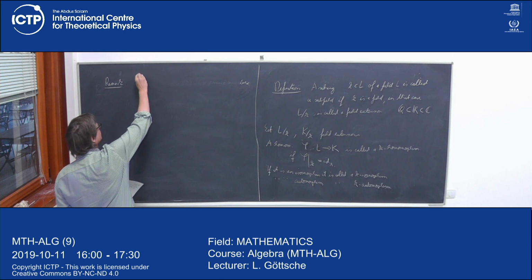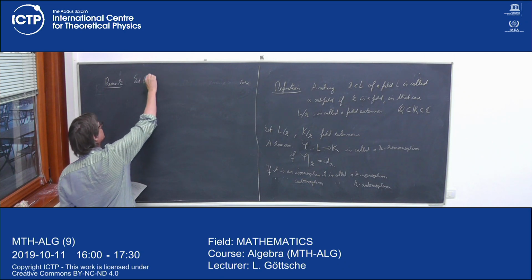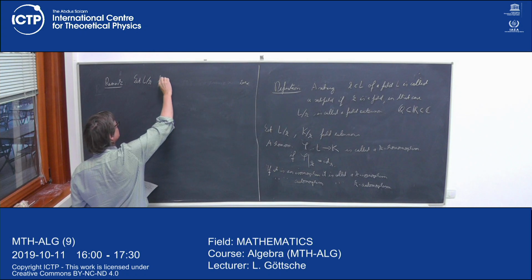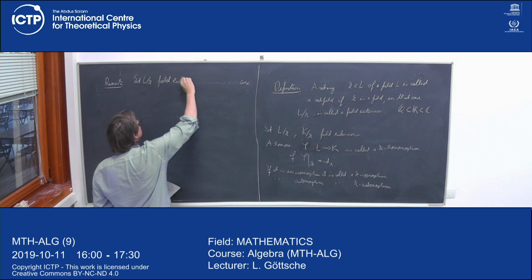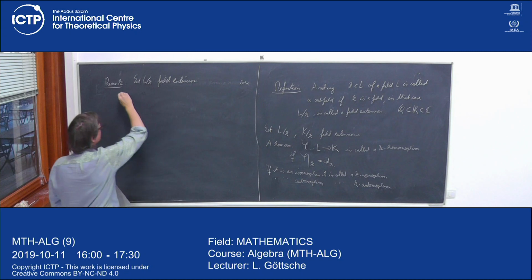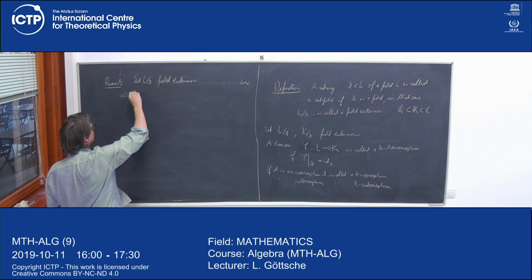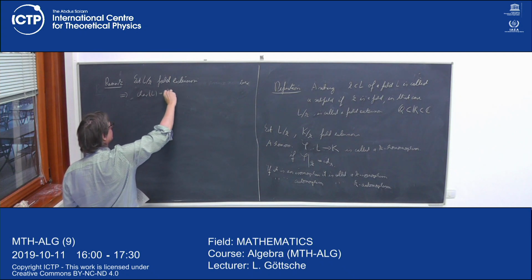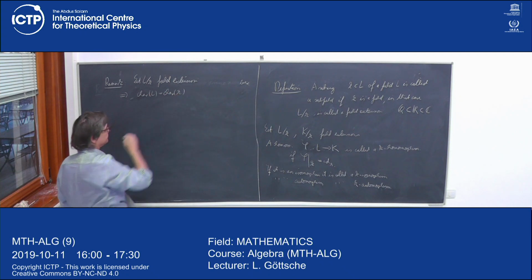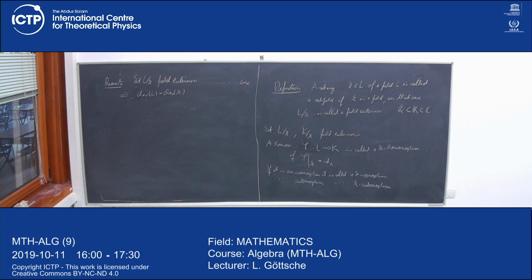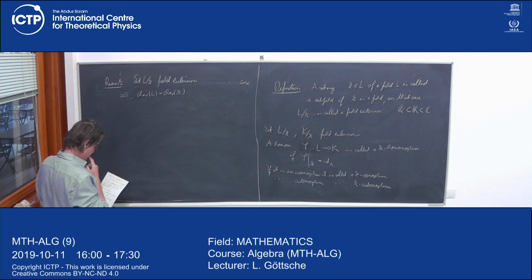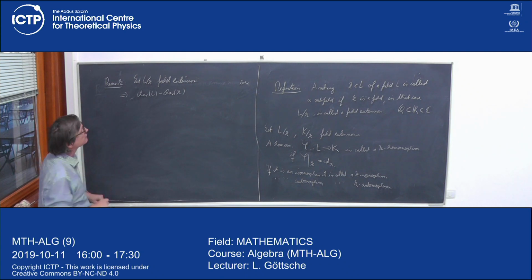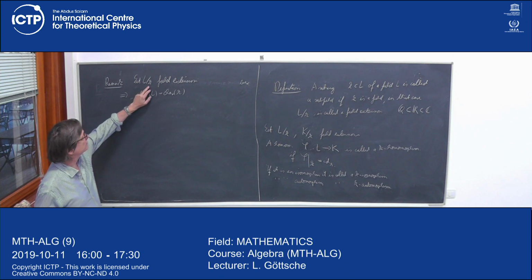So, if L over K is a field extension, then it follows that the characteristic of L is equal to the characteristic of K. This is actually quite obvious, because the subfield K will always contain the element 1.